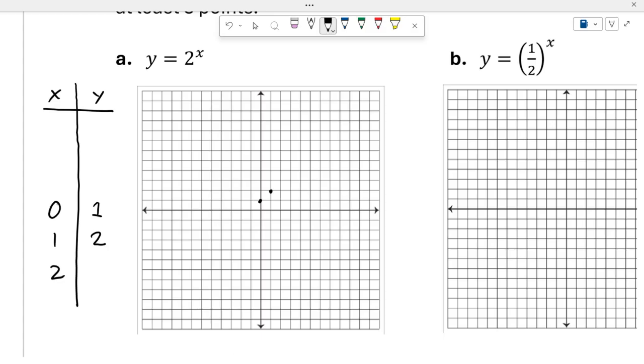I might as well keep going. When I plug in a 2, I get 2 squared, so 2 times 2, which is 4, right there. When I plug in a 3, I get 2 to the third power, so 2 cubed. 2 times 2 is 4, times another 2 is 8.